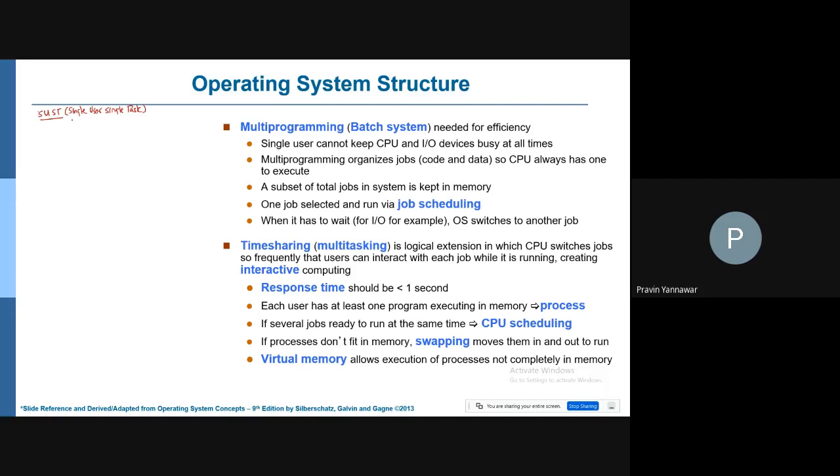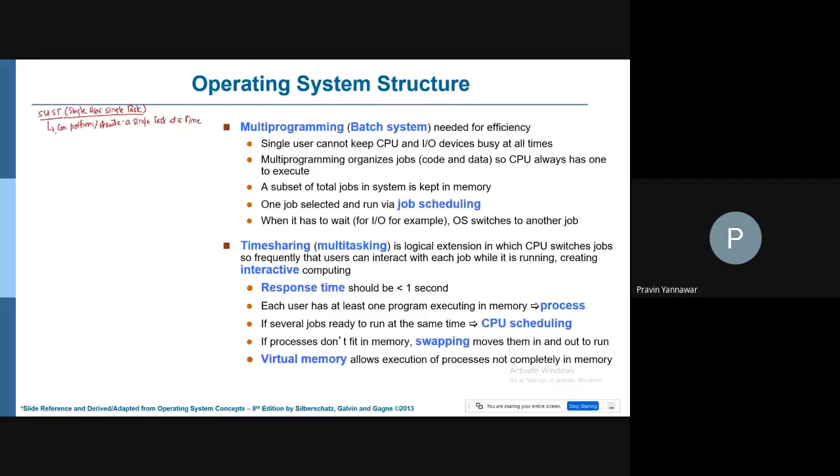At an instance of time, this system can execute a single task at a time.